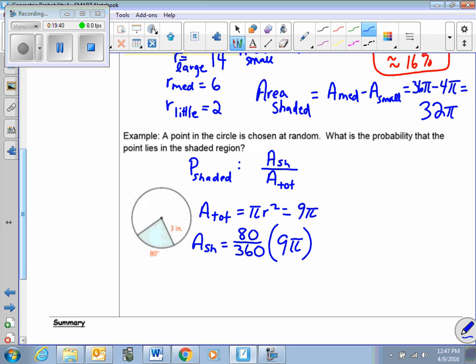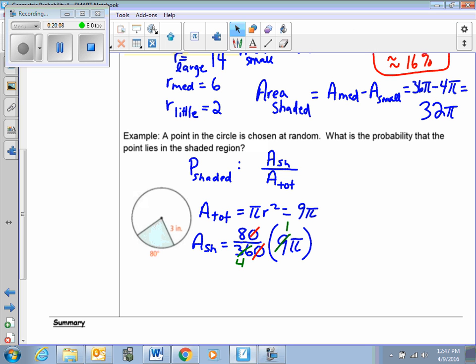80 degrees divided by 360 degrees times the whole thing. So let's see, if I want to simplify this for sure before I start dividing, 10 goes into both of these, 80 and 360, so that would leave me with 8/36. And then I can divide this 9 here. 9 goes into 9 1, 9 goes into 36 4 times.